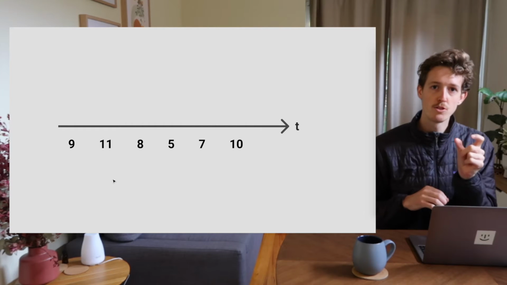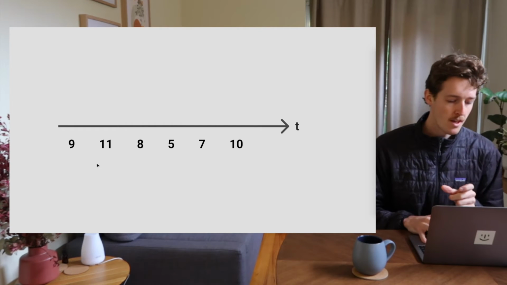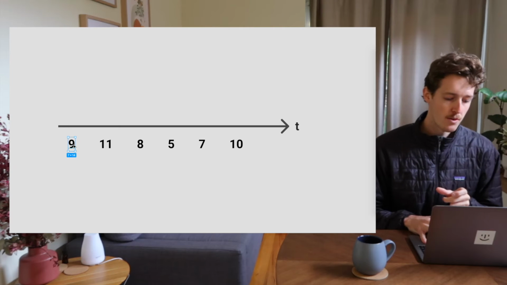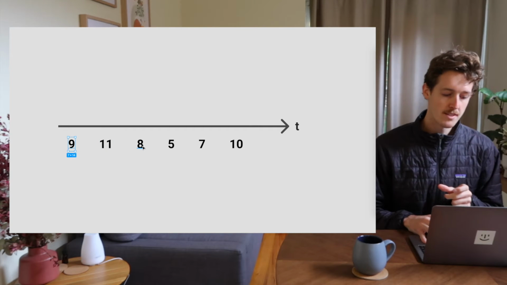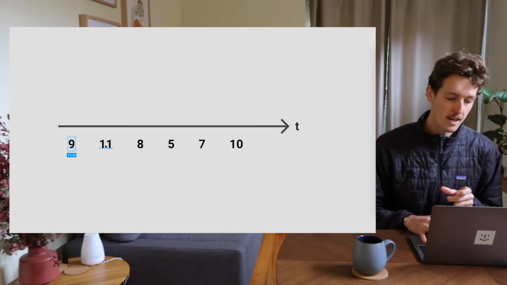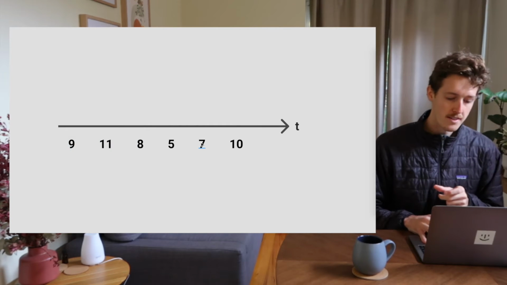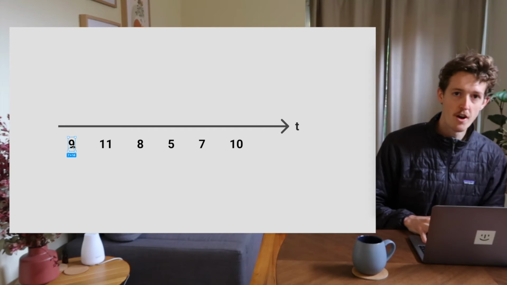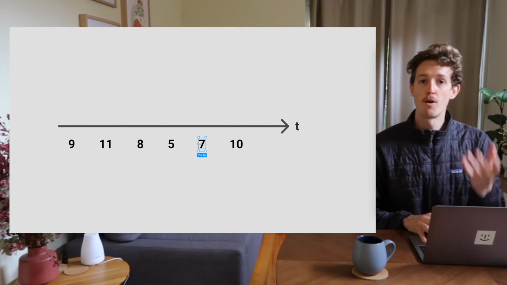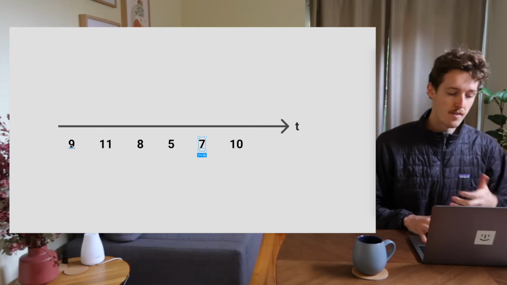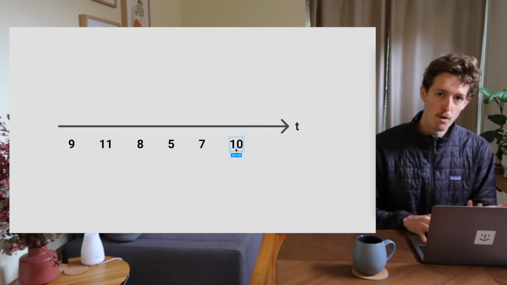Looking at that, a potential solution doesn't come to me straight away. But one thing we could do is compare all possible prices. So we compare 9 and 11, then 9 and 8, 9 and 5, 9 and 7, as in if I bought a share at 9 and sold at 7, what profit would I get? If I bought at 9 and sold at 10, what profit would I get?